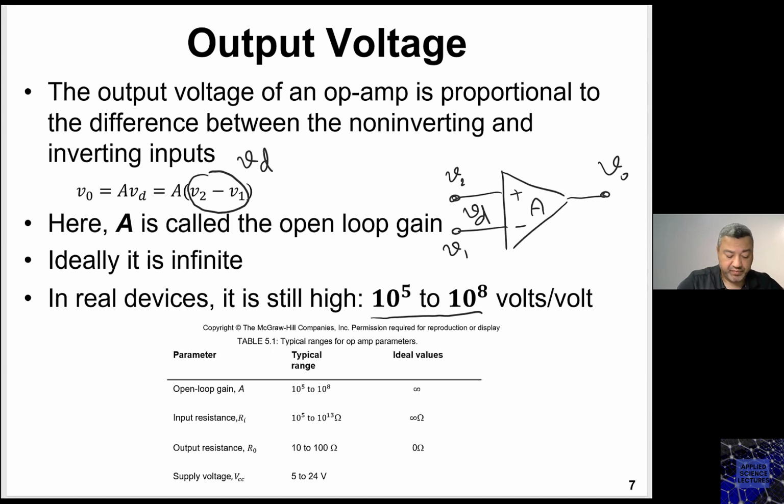So as I said, this is A, the gain, which basically means that whatever voltage difference you have at the input is going to be amplified by the gain in this topology, which is A, right? So V naught equals A times VD, or V2 minus V1. Now, ideally, we will be looking at, yes, go ahead.